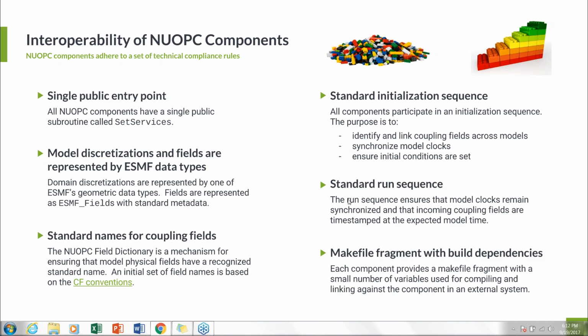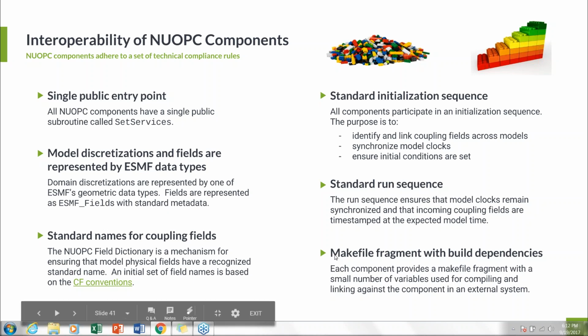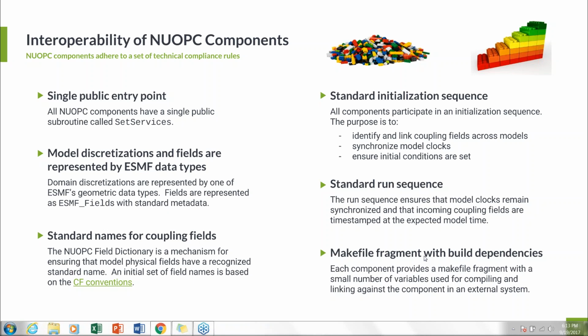There's a standard run sequence, which we looked at. I showed you how you specify a run sequence. And then finally, for the build, there's a certain makefile fragment format that we describe, where you provide basically a list of build dependencies, what libraries you are dependent on.